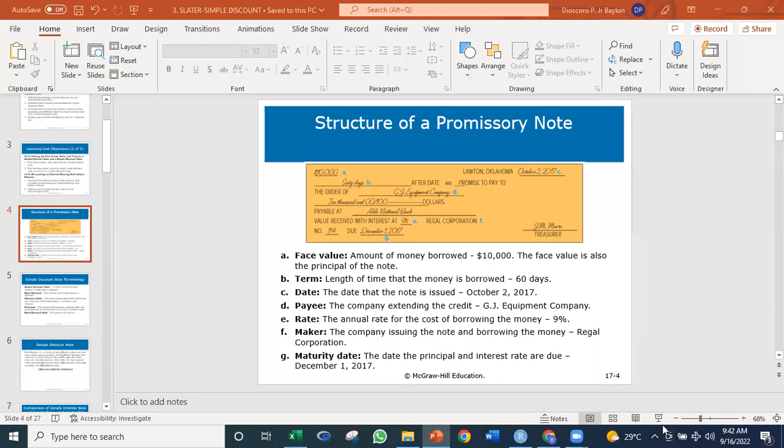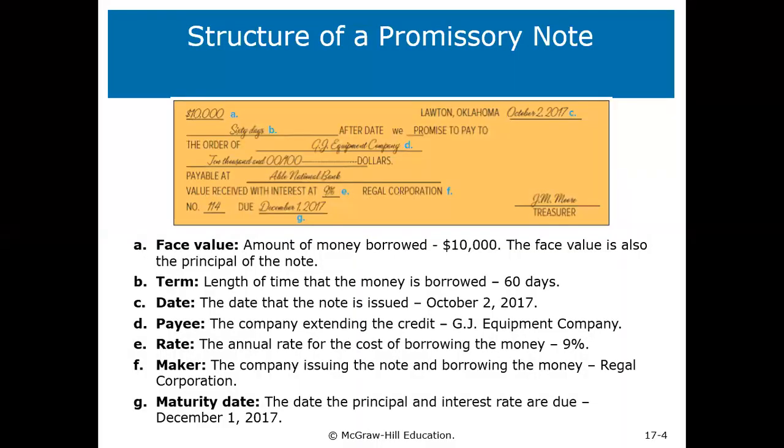Okay, I'd like to present to you a sample promissory note. This is an example of a promissory note, and this is its structure. Here you find the amount, and then the date, 60 days.